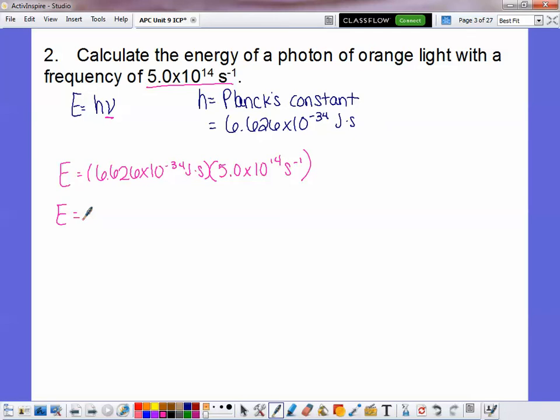And we're going to be left with joules, which is why energy is in joules. All right, what do we get? 3.3 times 10 to the what? -19 joules.